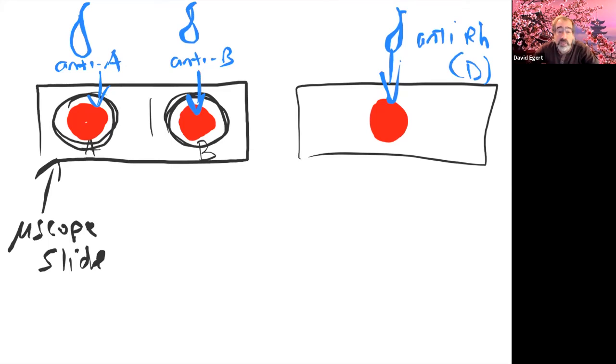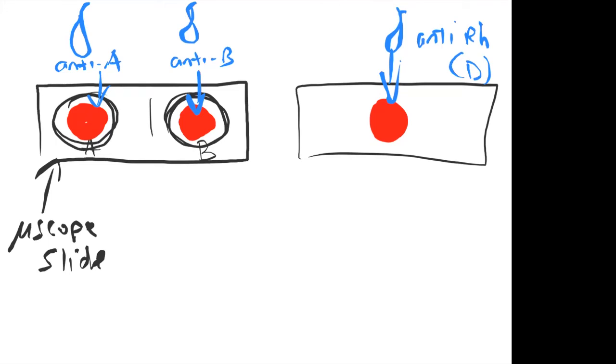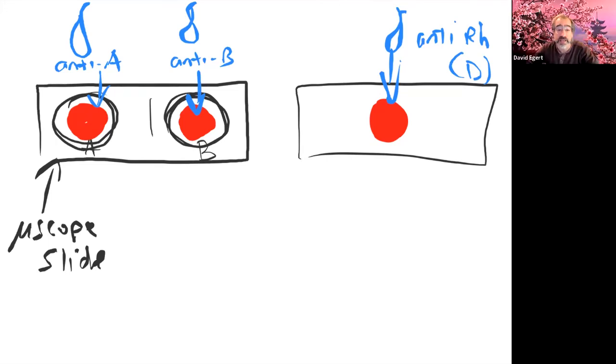If I had type O blood, what would I expect? If I had O minus blood, what would happen? What kind of markers does O minus blood have on it? None at all. So if I add any kind of antibody to it, am I going to see anything happen? No. If there's no antigen for the antibody to recognize, there's not going to be any agglutination. So if I'm O negative, I should just see the blood stay looking normal.